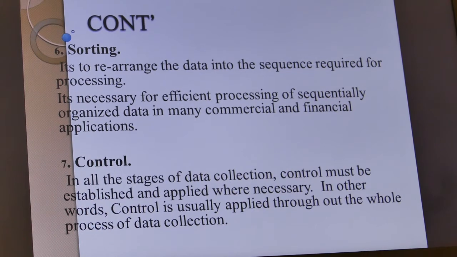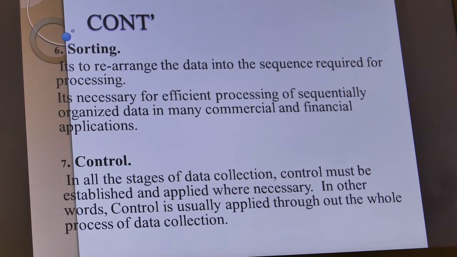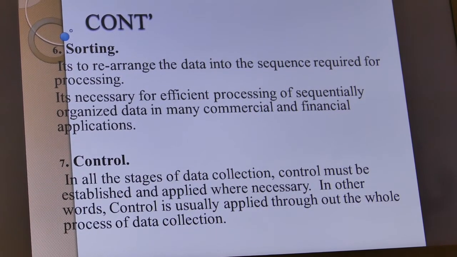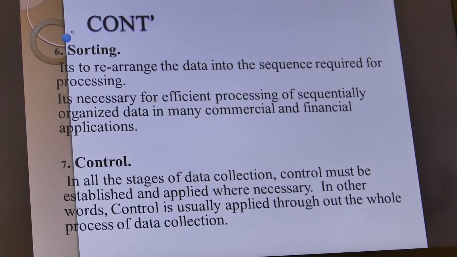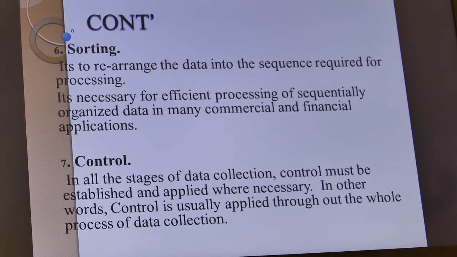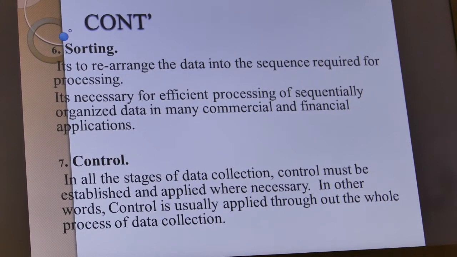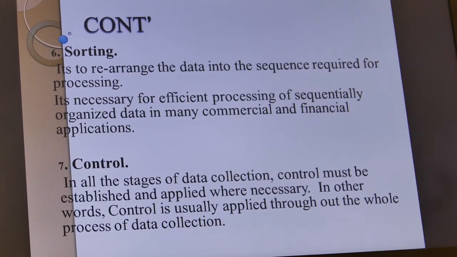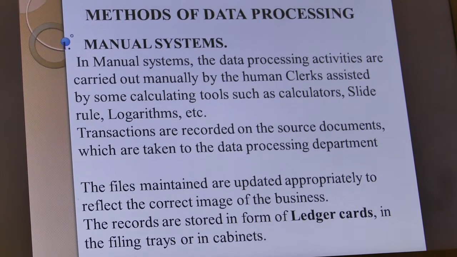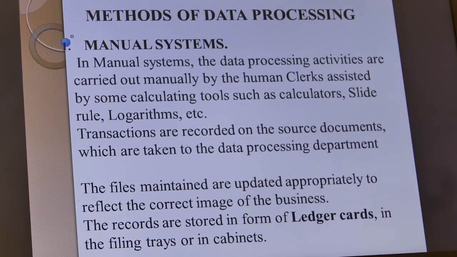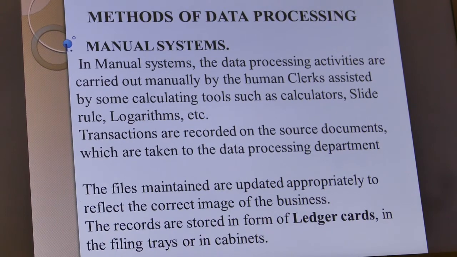In all the stages of data collection, control must be established and applied where necessary. In other words, control is usually applied throughout the whole process of data collection. So those are under data entry and capture.